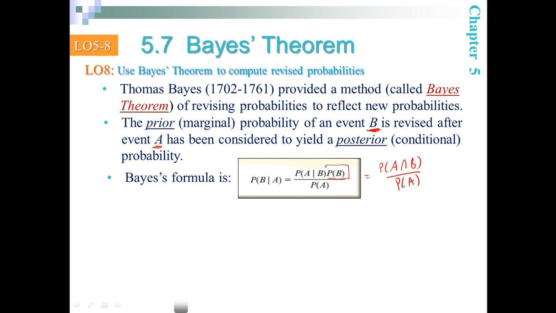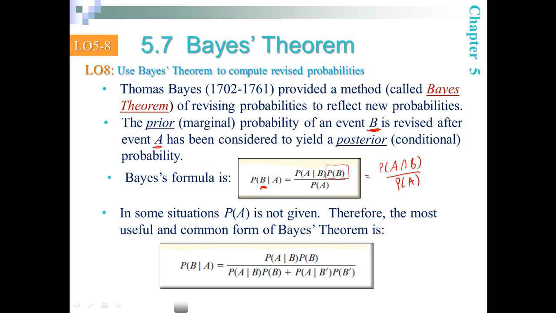So this is the prior probability of B. We're saying now that we know that A has taken place, now what's the probability of B? Oftentimes we are not given the probability of A, and we have to then calculate it. And if we do this correctly, we will get in the denominator probability of A given B times the probability of B plus probability of A given B complement times the probability of B complement.